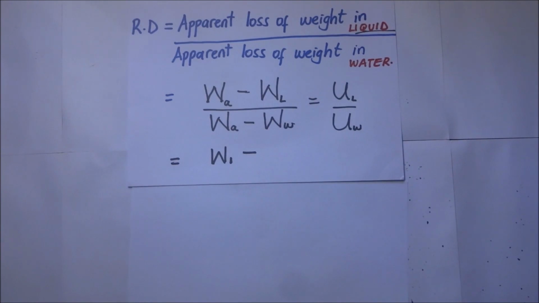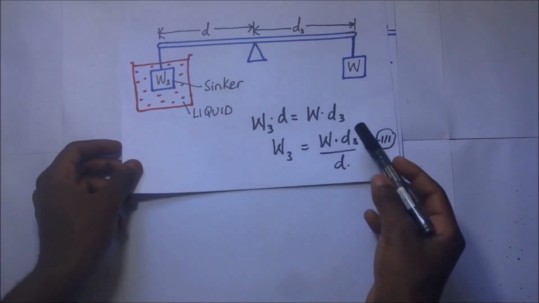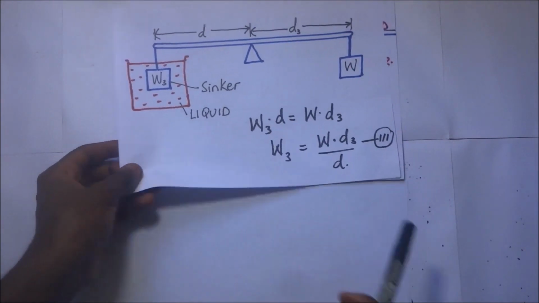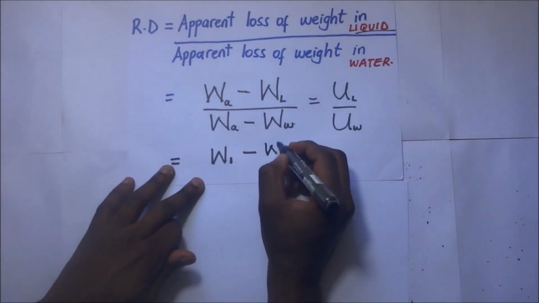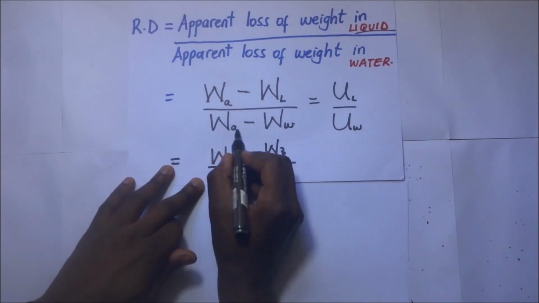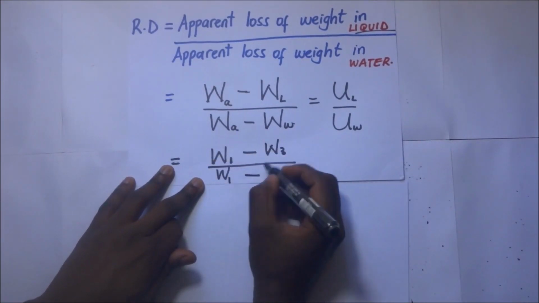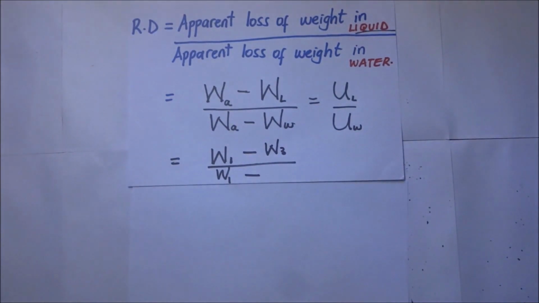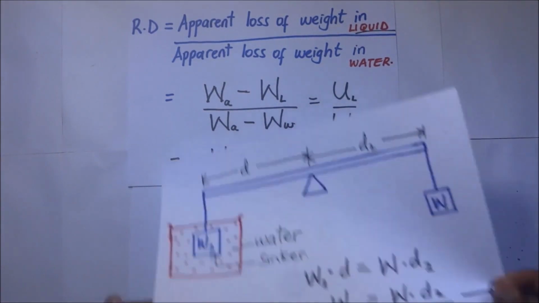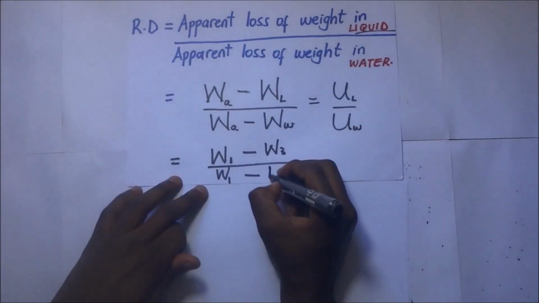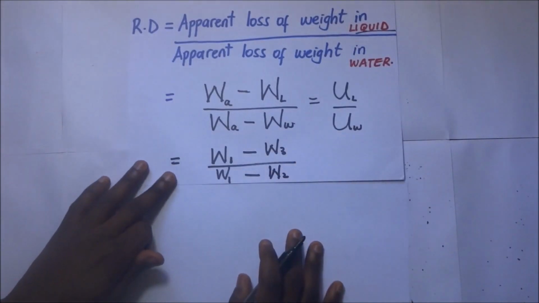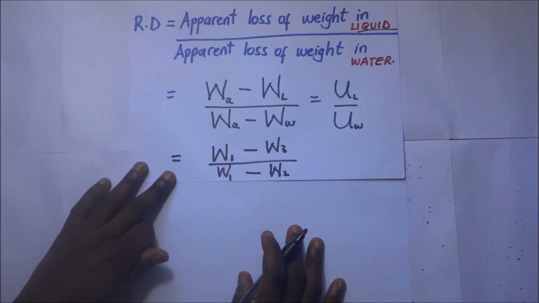According to our experiment, when it was in the liquid whose relative density we want, that was W3. So that's going to be minus W3, divided by the weight in air, which is W1, minus the weight when it is in water. And from our experiment, the weight when it was in water is W2.